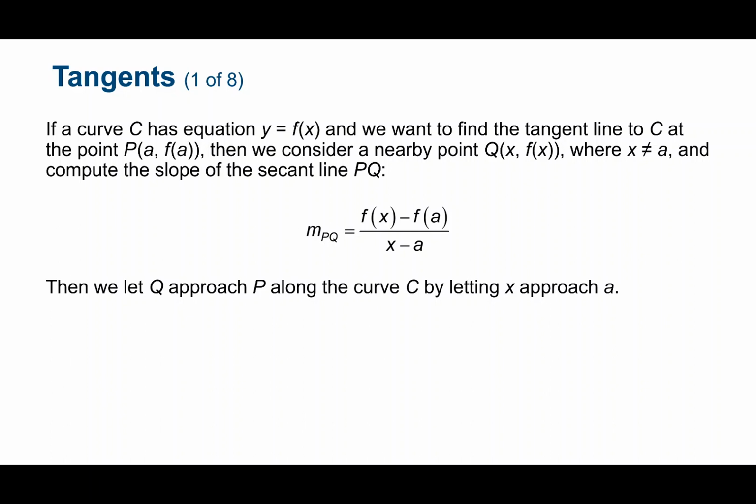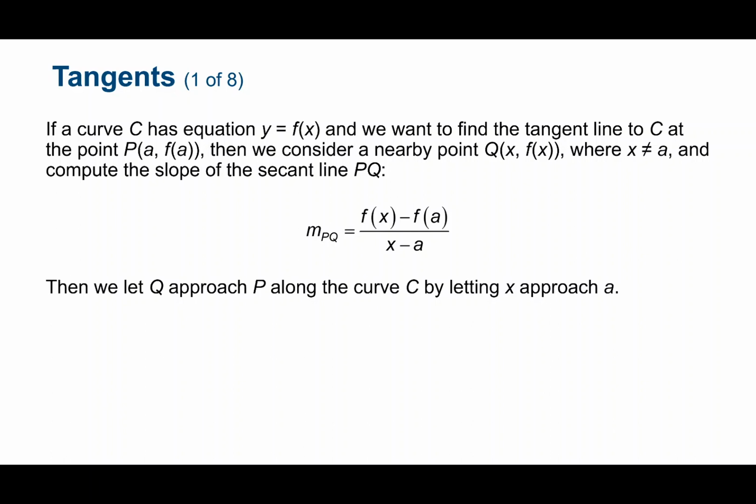And we want to find the tangent line to our curve at some point, our point we're calling A, f of A. So what we did is pick out another point close to the point we're concerned about, and then find the slope of the secant line.